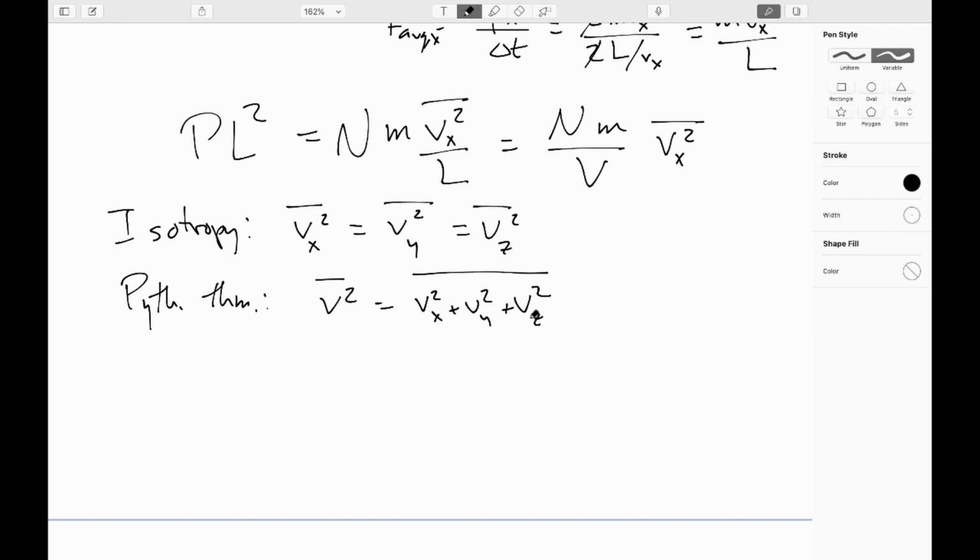Since these are all positive numbers, the average of the sum is equal to the sum of the averages. But they're all the same. So we can conclude Vx squared average is Vy squared average is Vz squared average. So this means the average value of Vx squared is 1/3 the average value of just plain good old V squared.